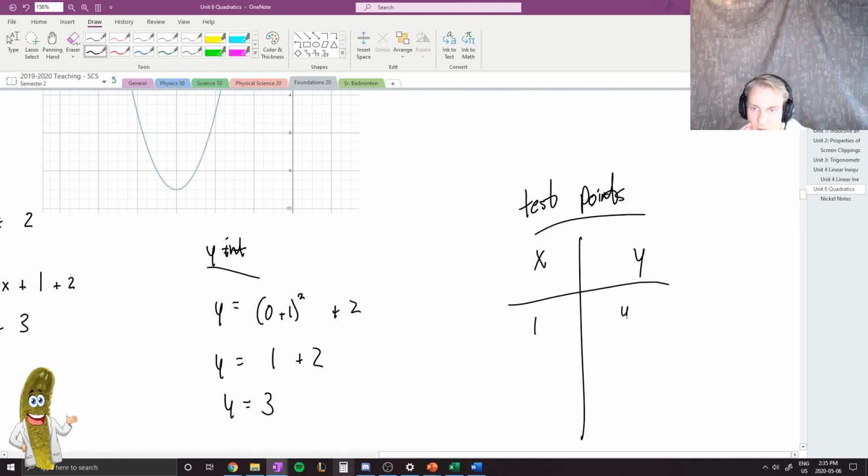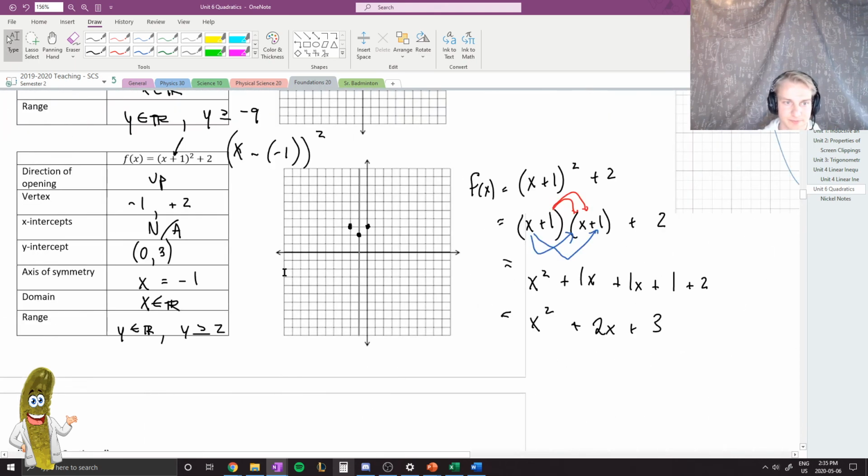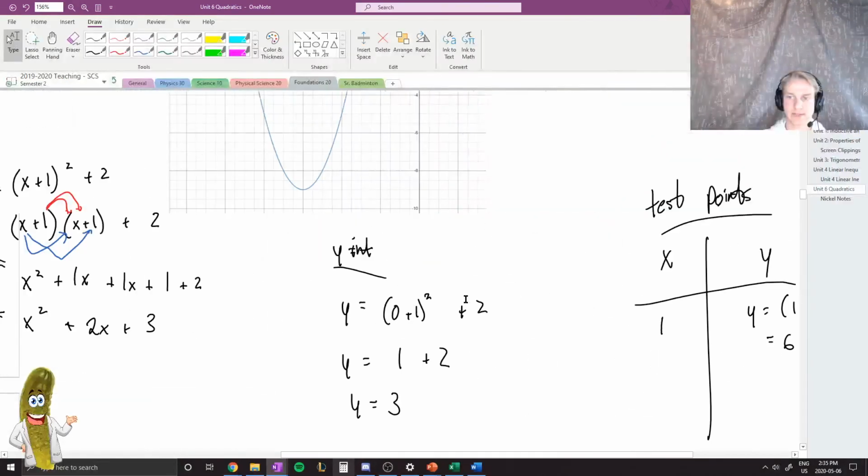And then I would have y is equal to 1 plus 1 squared plus 2. 1 plus 1 is 2. 2 squared is 4. Plus 2 means that y would be equal to 6. So I would count up 1, 2, 3, 4, 5, 6. And then I would also know that that point will be mirrored on the axis of symmetry on the other side there. So I don't actually even have to solve for it.